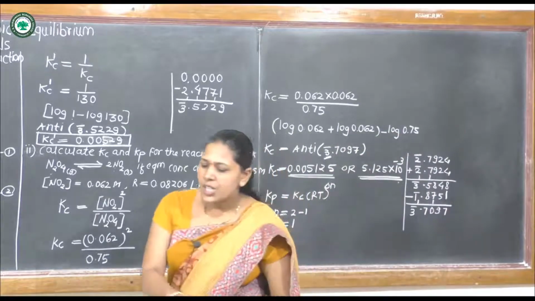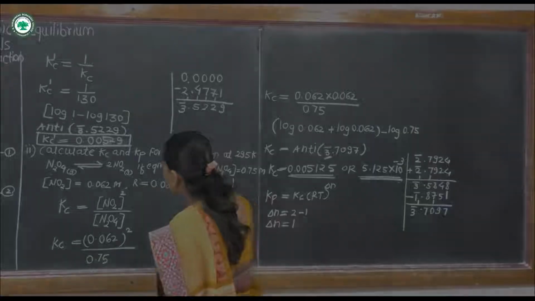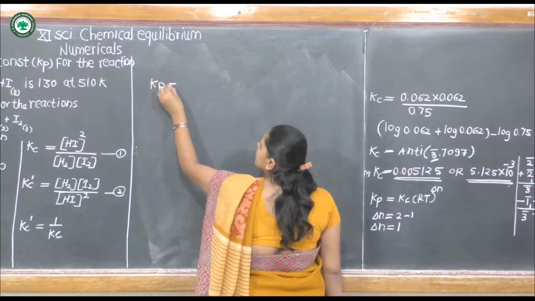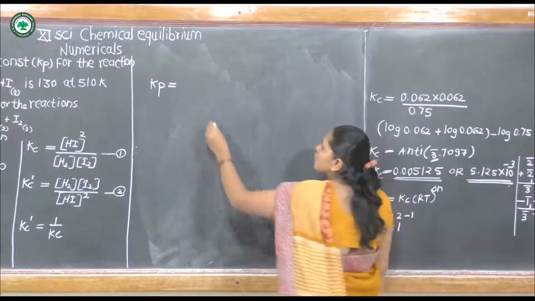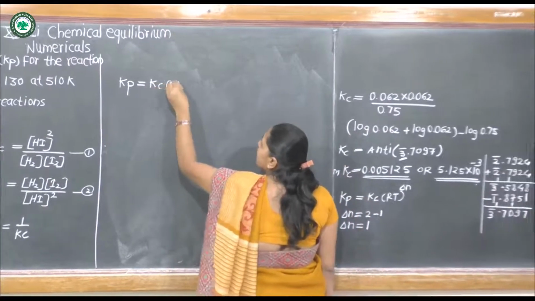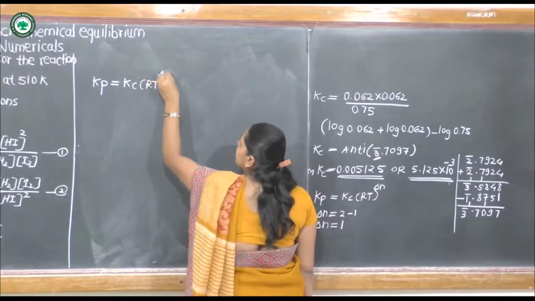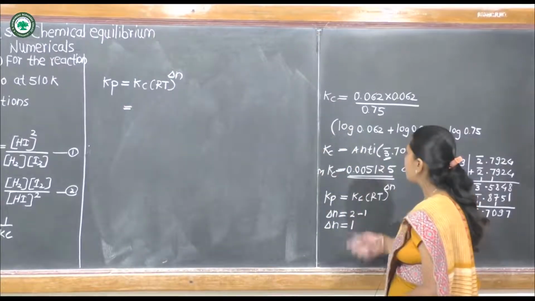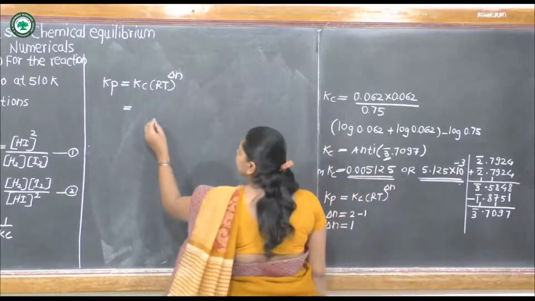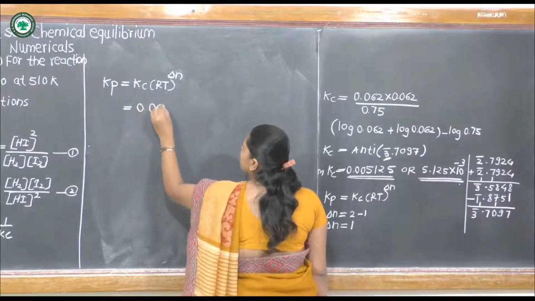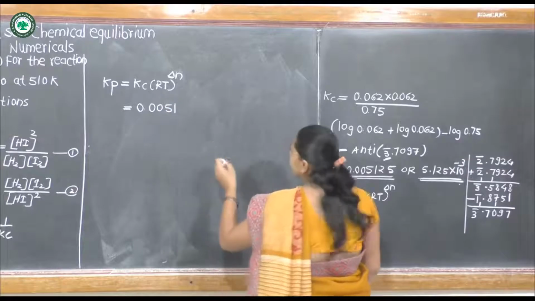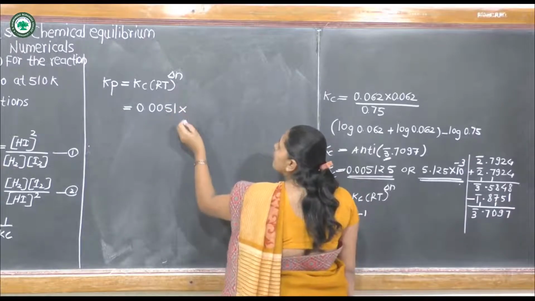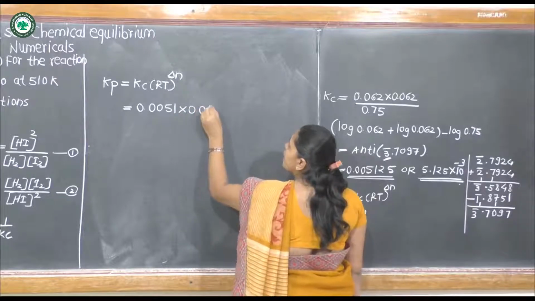Then substituting values, Kp is equal to Kc into RT raised to delta n. Then substituting value of Kc is 0.0051 into R 0.08206.